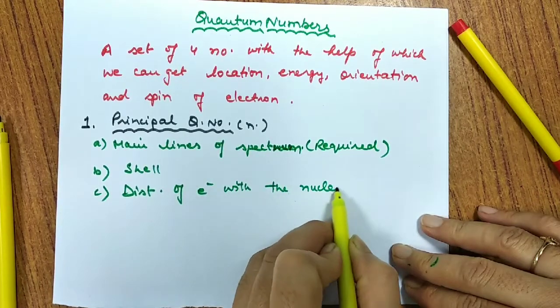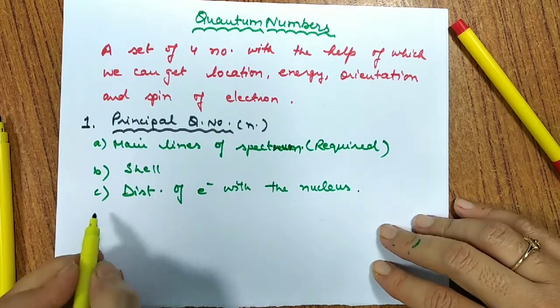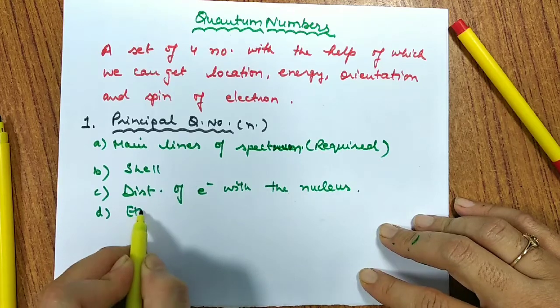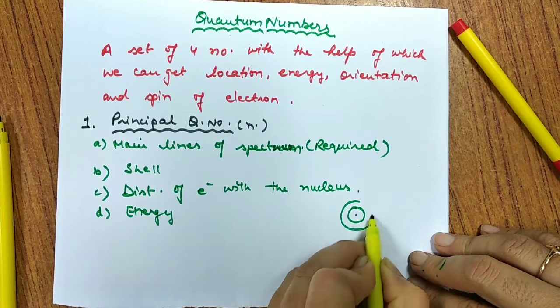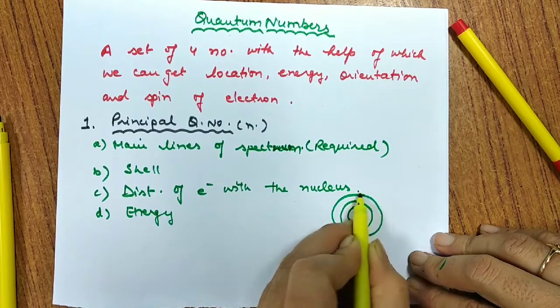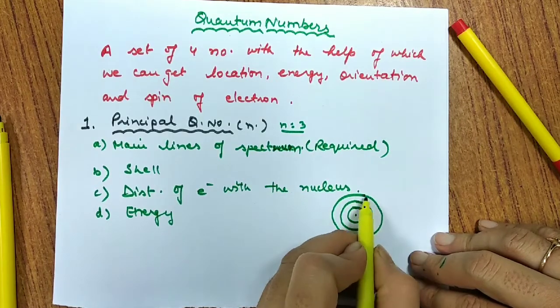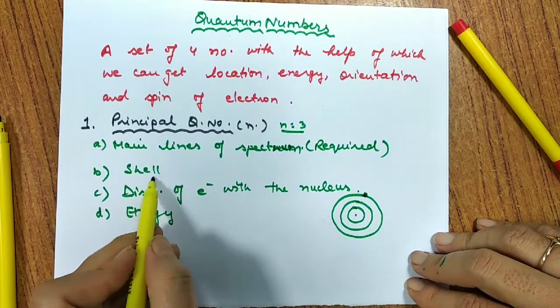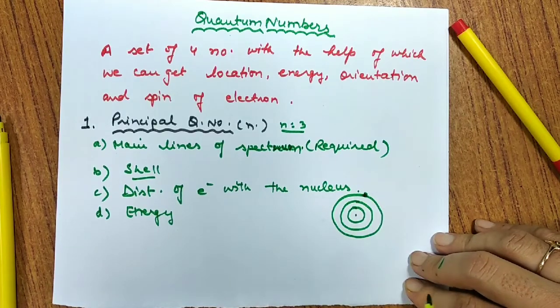So we come to know one is shell, another is distance, and third is energy. Suppose I am saying that the electron is present in the third shell, so its n value would be 3 in that case. Then we know the shell, yes, it is in the third shell, K, L, M, it is present in the M shell.